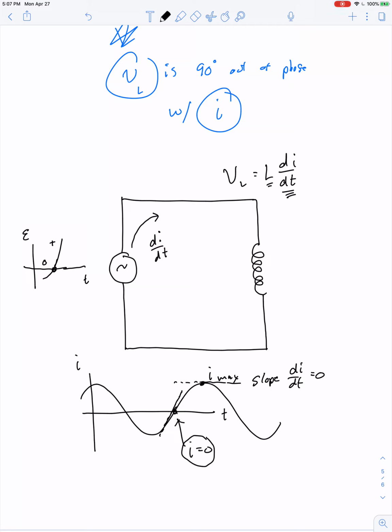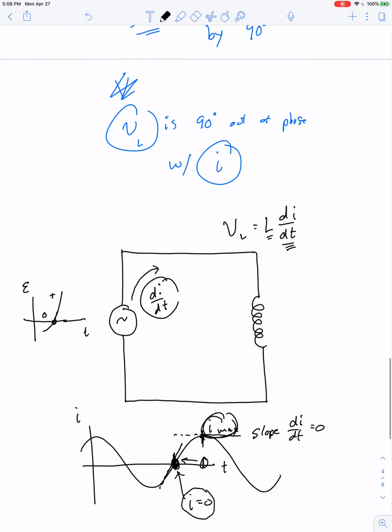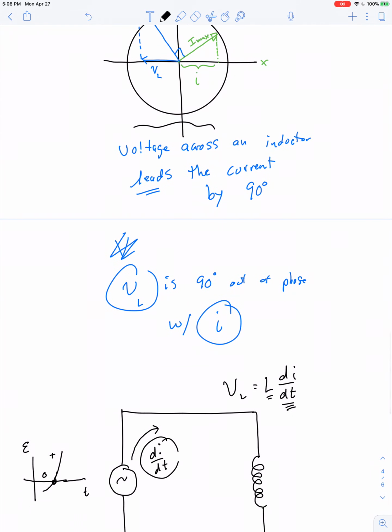So before the current reached its peak value, which came here in time, the voltage across the inductor already had its maximum value a little bit earlier in time than the current reached its maximum value. That's it. An inductor is always trying to fight against the rates of change of current. So it makes sense that the voltage across an inductor leads the current by 90 degrees. Okay.